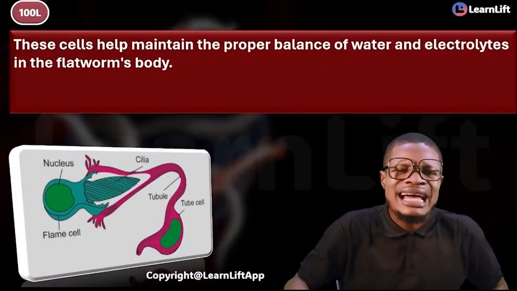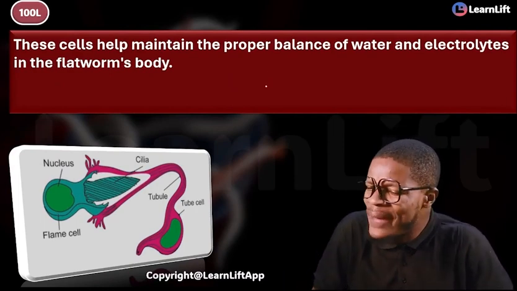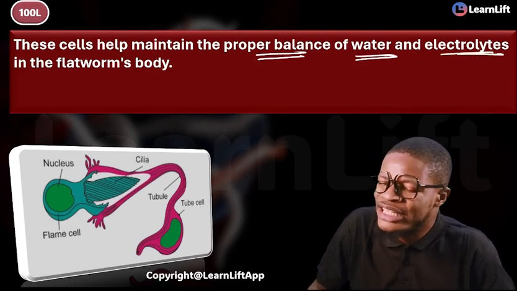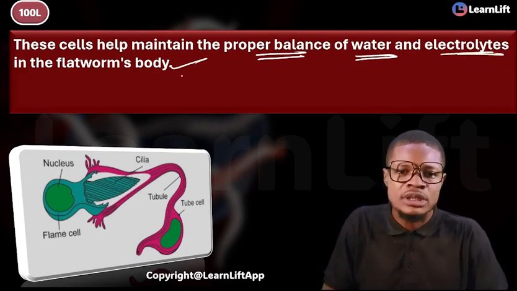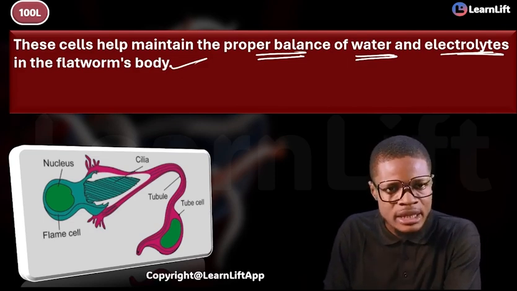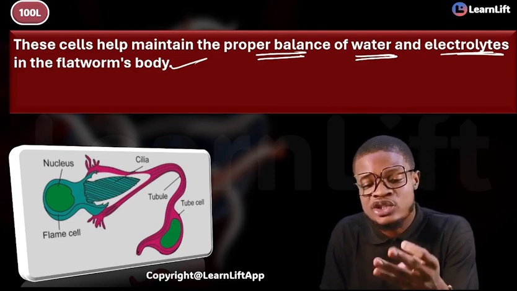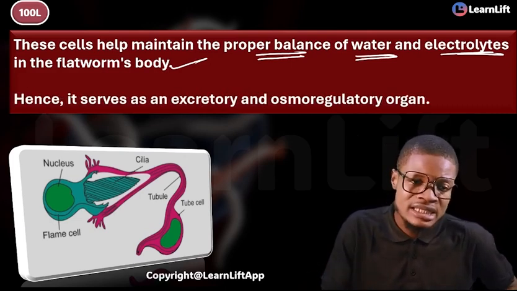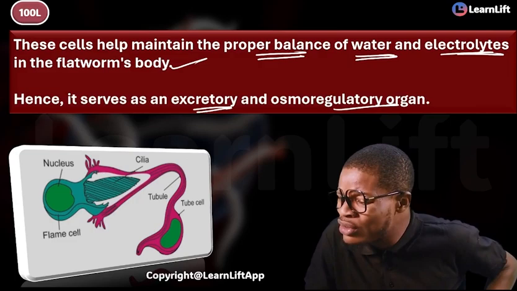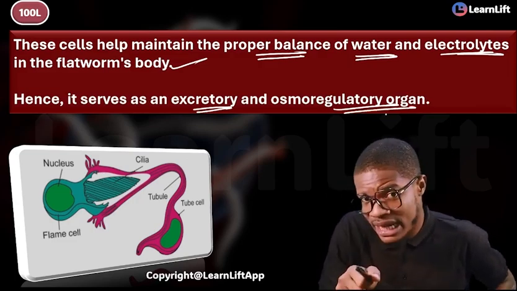You must understand that the flame cells help to maintain the proper balance of water and electrolytes in the flatworm's body. So you see, osmoregulation has come in there. That's why I say their major function is for excretion and osmoregulation. Hence, it serves as an excretory and an osmoregulatory organ. Don't forget that.